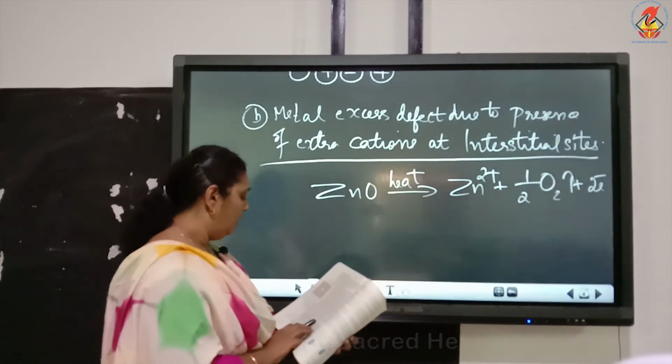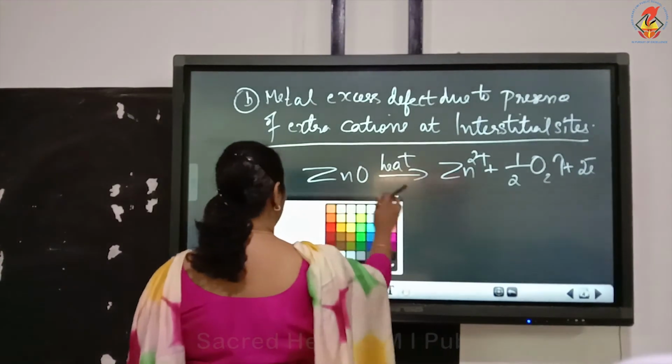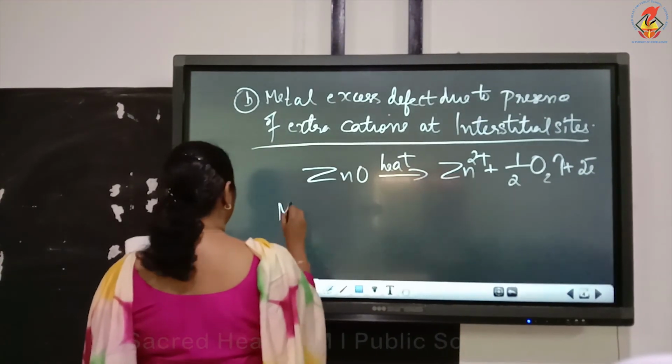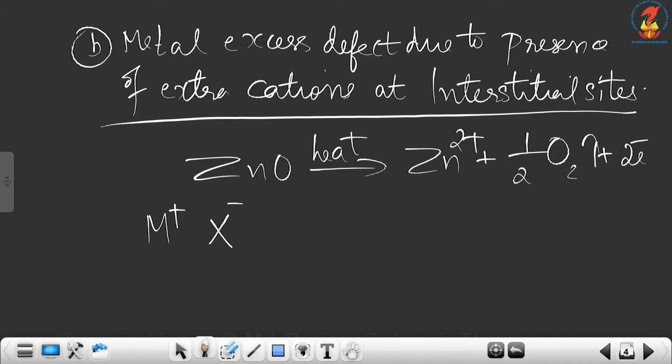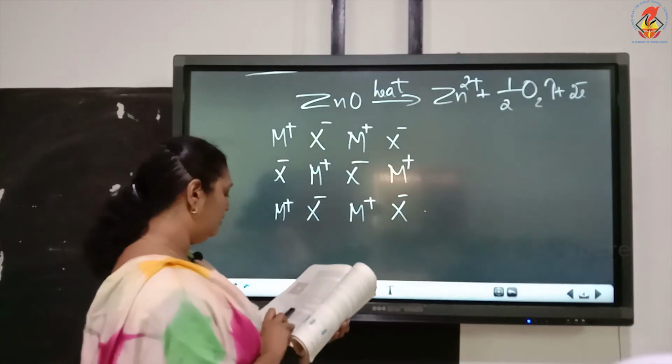Now, if we show it, I am going to show it as a structure, M+ X-. M+ represents zinc ion and X- is oxide ion. Instead of plus minus, I just wrote M+ and X-. Now, what happens?